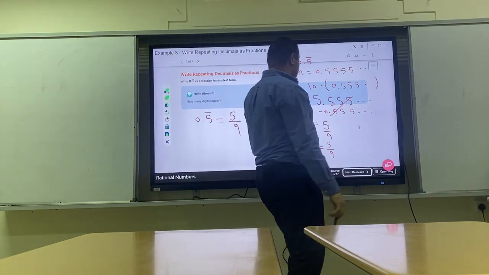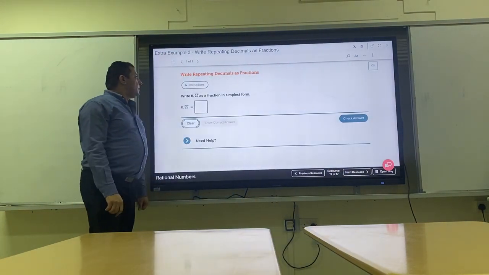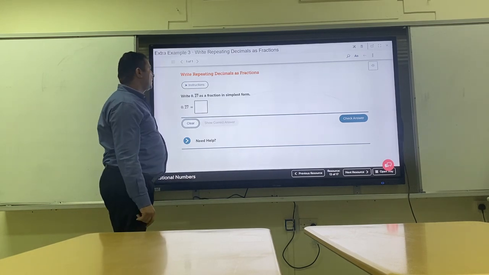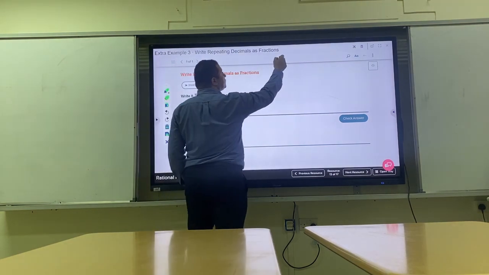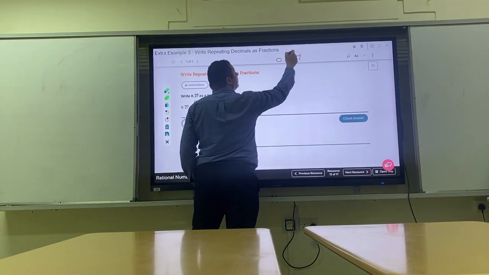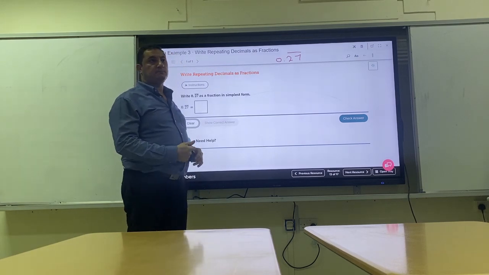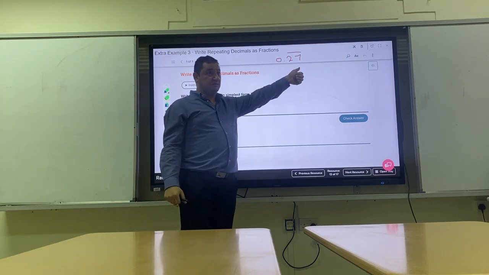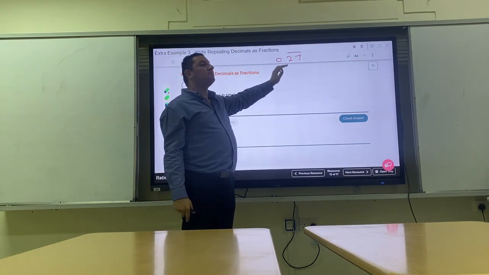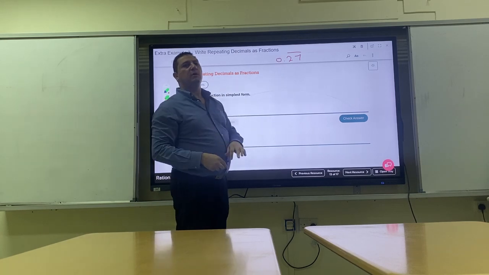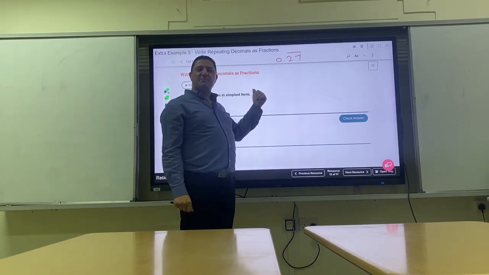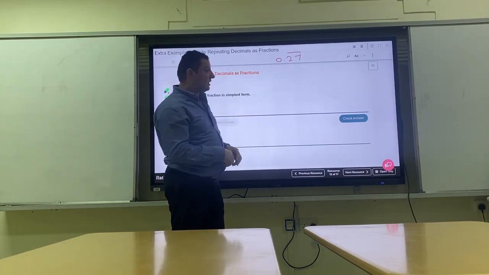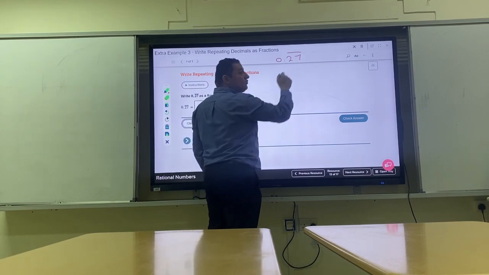Okay, let's see one more example. 0.27 repeated. Listen carefully. Because here I have two repeating decimal places, I need to multiply by 100, because 100 has 2 zeros. In the last example, we multiplied by 10 because the repeated part had only 1 digit.